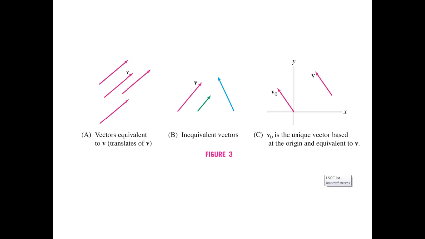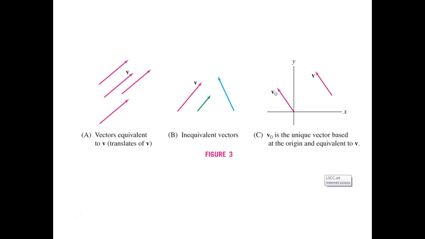Now the C part of this figure illustrates the most common, but not the only time we translate a vector. There's vector v just hanging around there in the first quadrant. When we translate it down so its tail is at the origin, then we call this v sub 0. It's the unique vector based at the origin, whose tail is the origin, and it's equivalent to v.